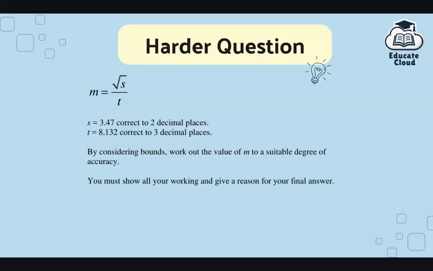Okay, this is our last question. Again, this is very tricky, and they're not very clear that it's a bounds question, but we know now that it is an upper and lower bound question. So pause the video and have a go at this.